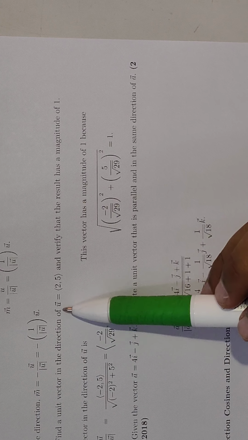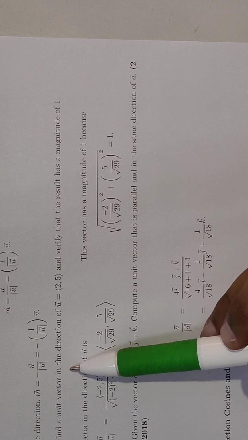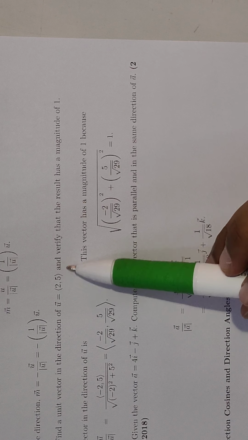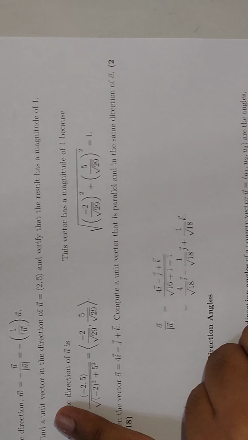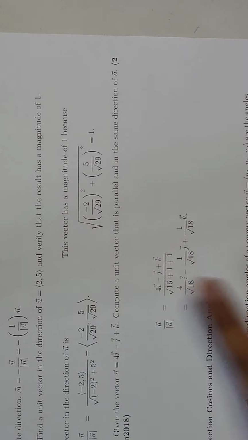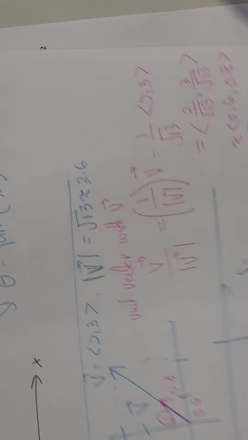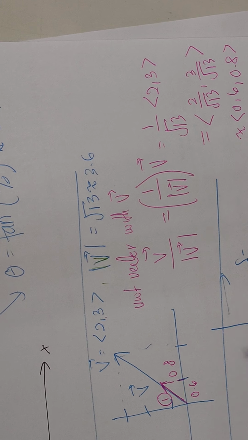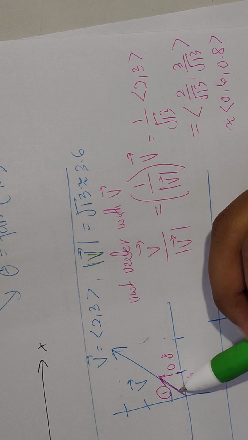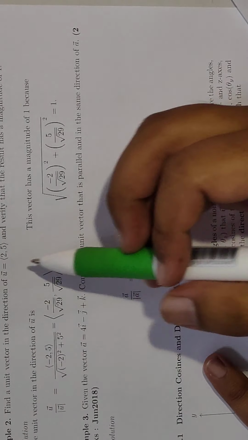Find a unit vector in the direction of u and verify that the result has magnitude 1. In other words, in order to find the unit vector, we must depend on one given vector. That's why the question gives you a vector.